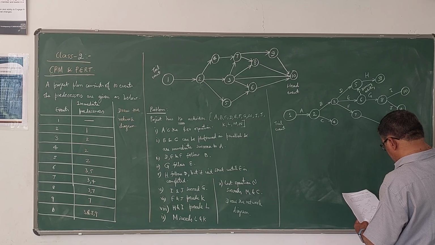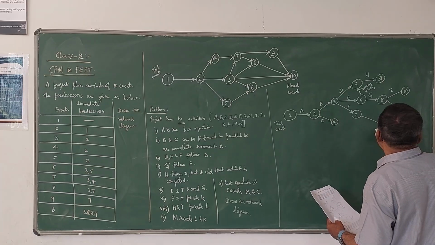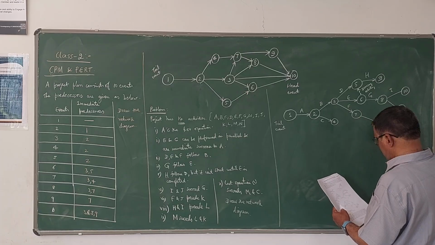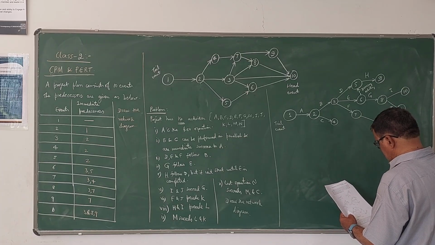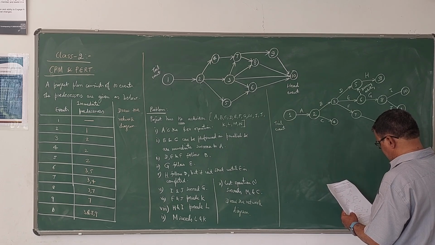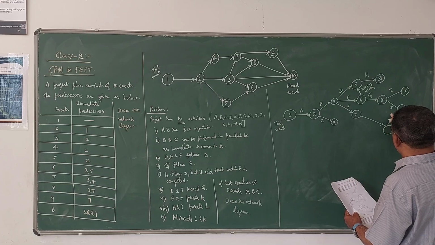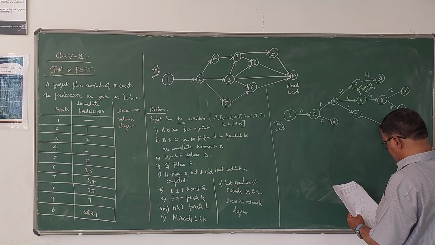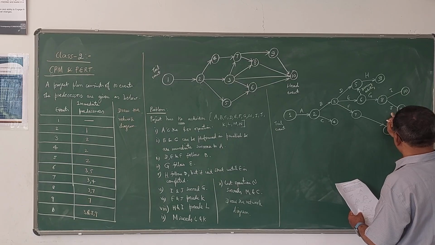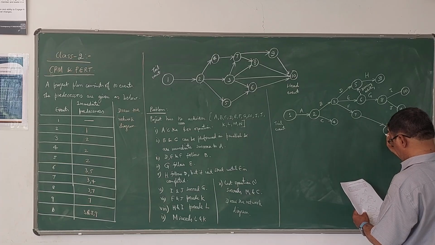This is your K. From both F and J, you have to take arrows. This is 8.